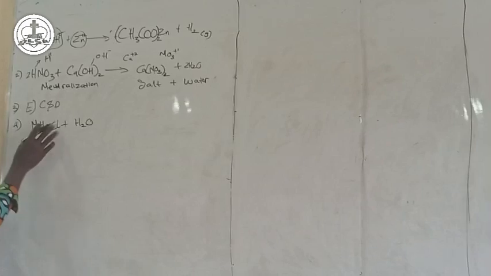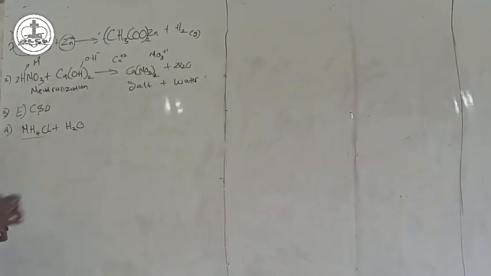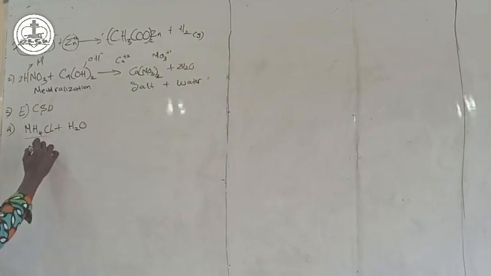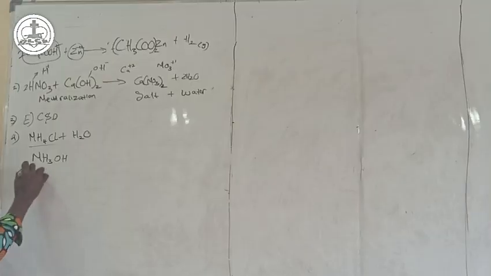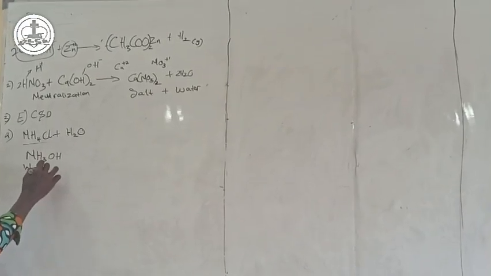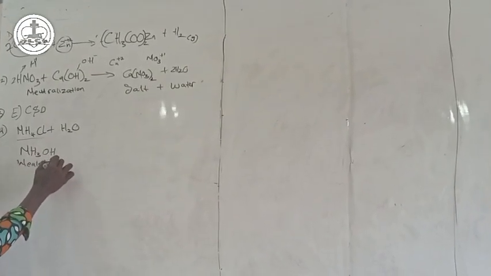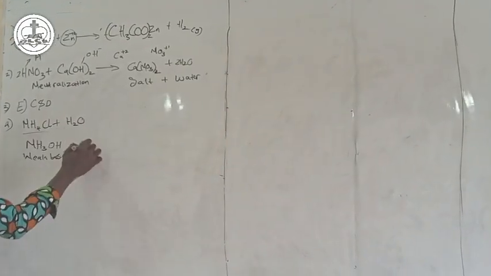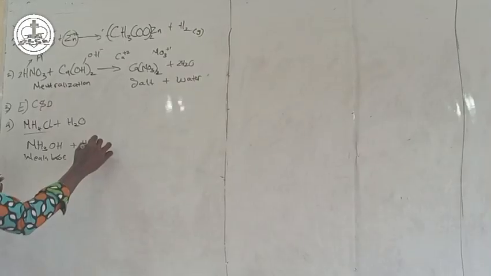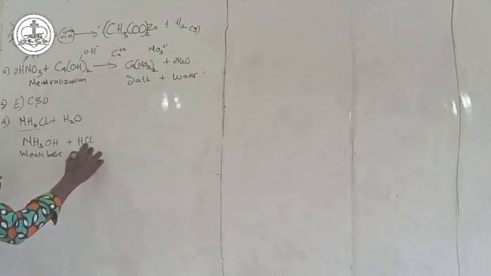This is a salt from a neutralization reaction, a reaction between an acid and a base, and the base is NH4OH. This is a weak base. Then this chloride is from HCl, which is a strong acid.